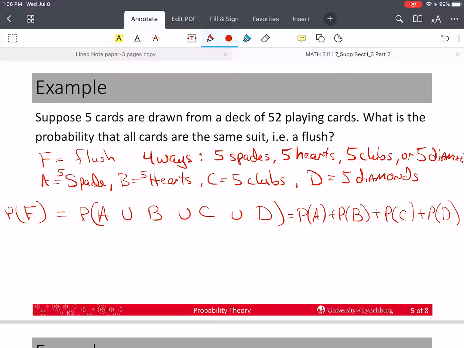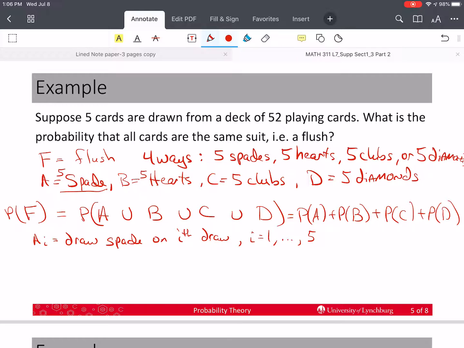All right. It turns out that each one of these is a more complex event. 5 spades means that I've drawn 5 different spades 5 different times, so in a row. So let A_i equal draw spade on ith draw, and i will go from 1 to 5.